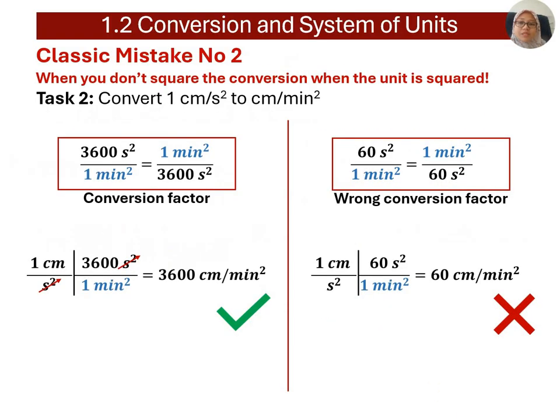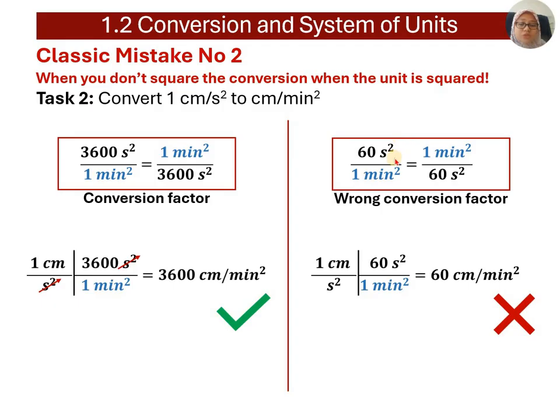The second common mistake that students usually do, especially when it involves square or cubic units, is they forget to square the values when the unit is squared. So the conversion factor that is correct after you square the values is 3600.